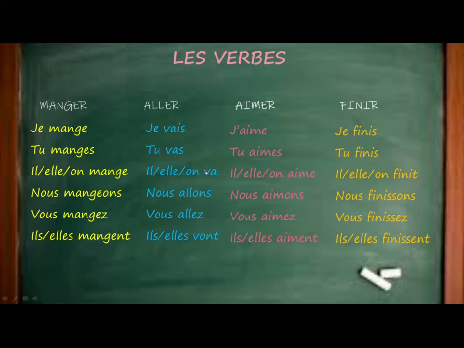Right? If you're conjugating this in present tense, it will be like je vais à la plage, je vais à l'école, je vais au travail. Or even the expression je vais bien. Comment allez-vous? Comment ça va?